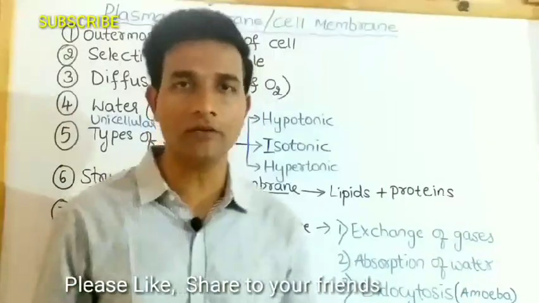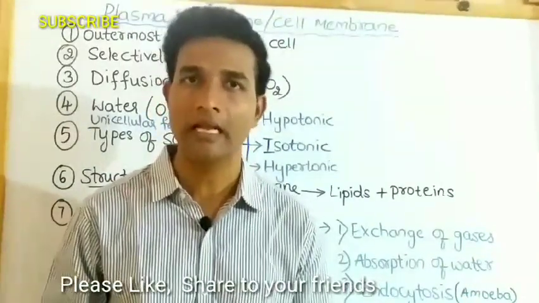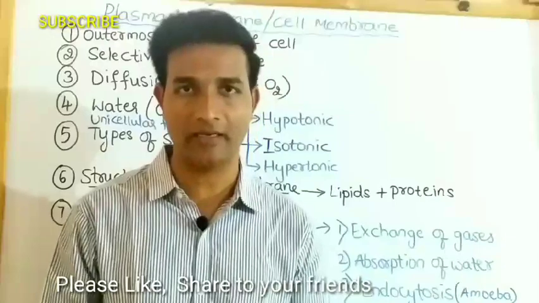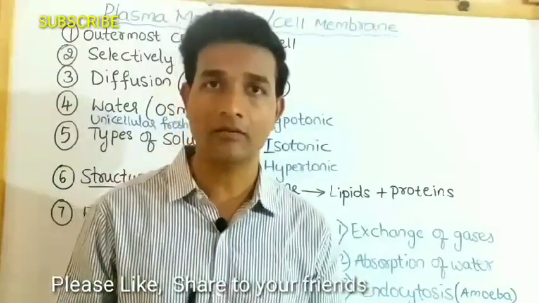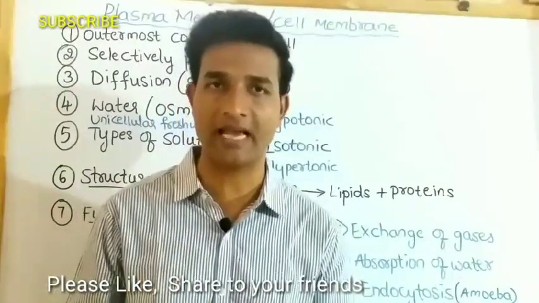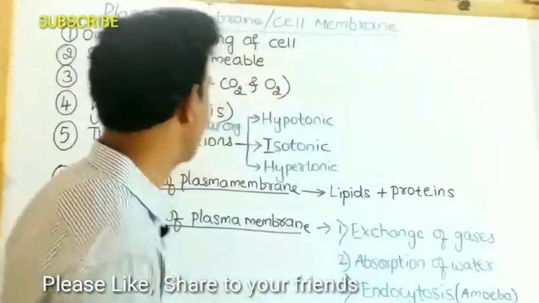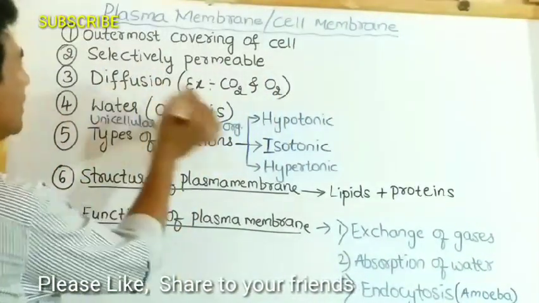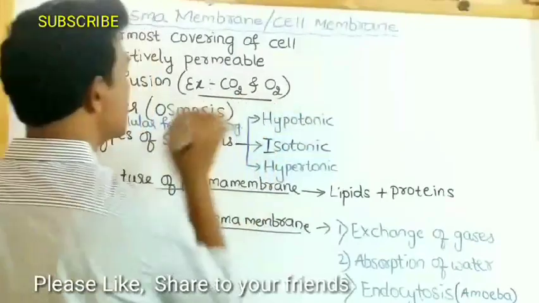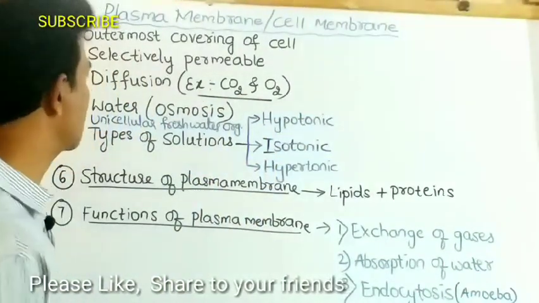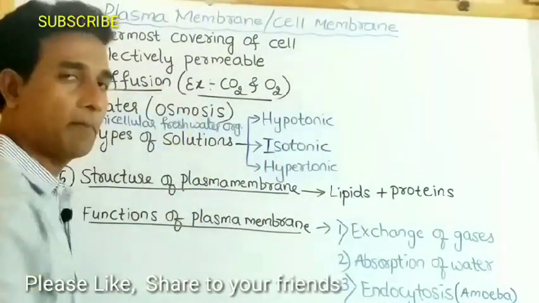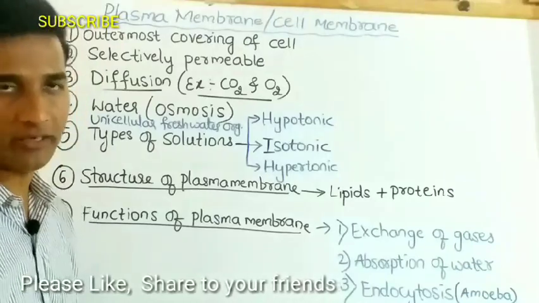Then how does this movement of substances take place into the cell as well as out of the cell? Let us take one example, like movement of substances like carbon dioxide and oxygen. The movement of carbon dioxide and oxygen of the cell takes place by a process called diffusion.